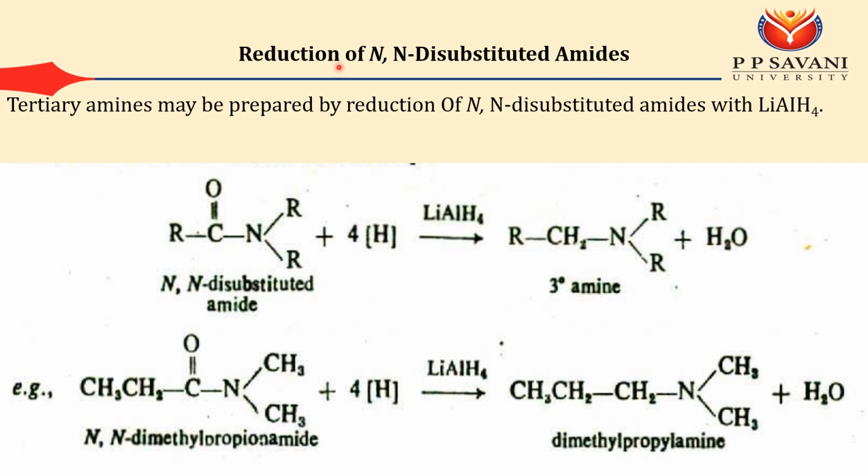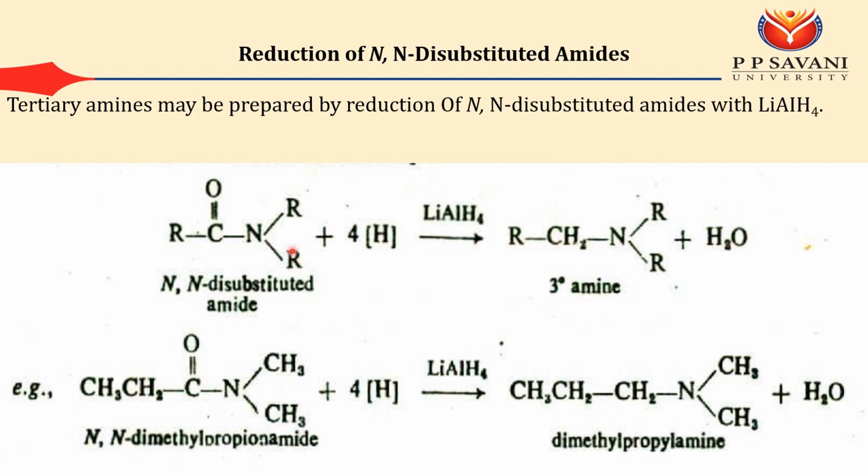Similarly, reduction of N-disubstituted amide. If I have a disubstituted amide, meaning C=O and instead of H here, you can say amide, but we need a tertiary amine, so you must choose CONRR.